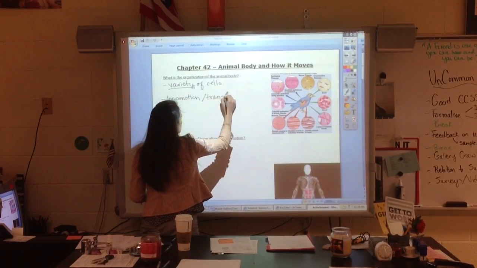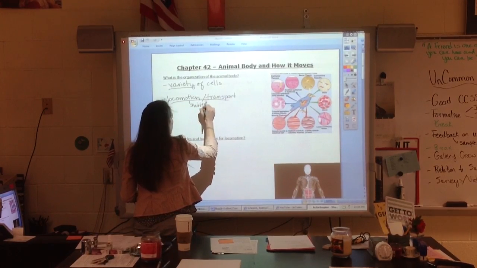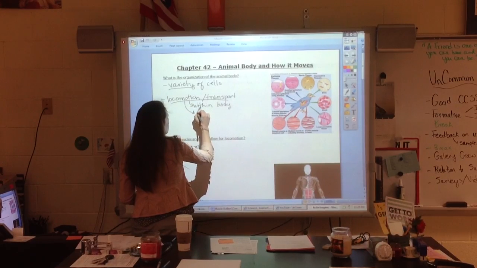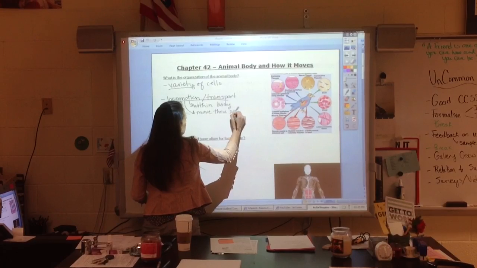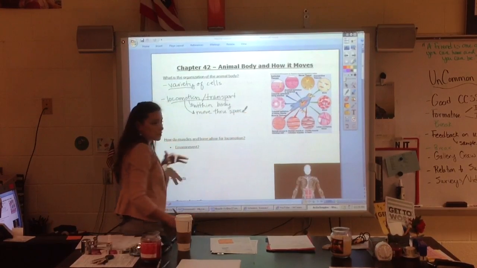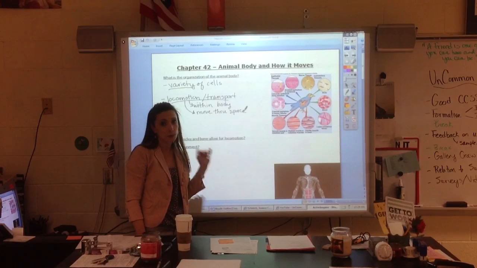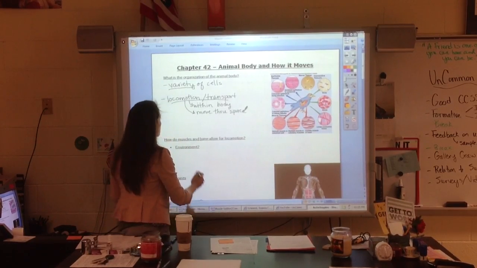So we are actually going to see transport both within the body and to allow the body to move through space. Because there is a huge advantage for any organism that can move through space, we are going to see a variety of structures that allow this to happen.